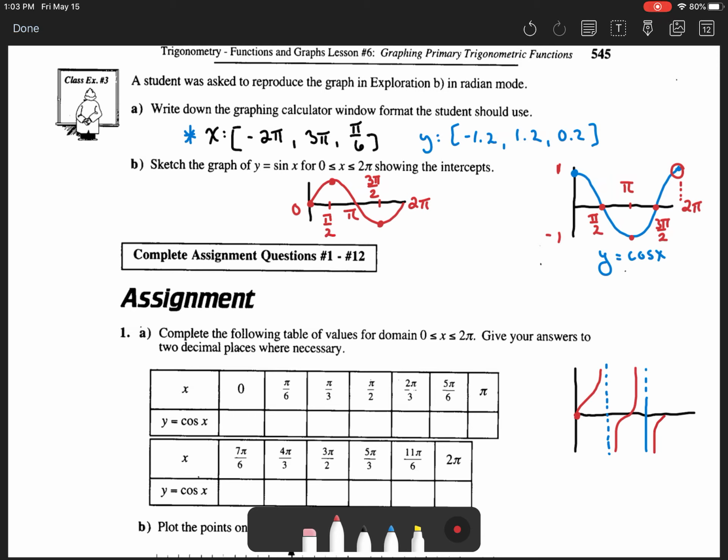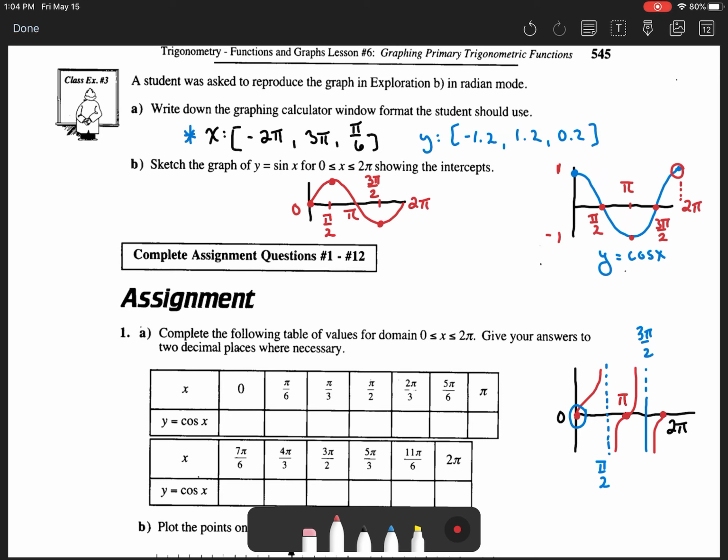So that's what tangent looks like between 0 and 2 pi. These vertical asymptotes are occurring at 90 degrees, or pi over 2, and 270, 3 pi over 2. Okay, the x-intercepts are occurring at 0, obviously, right here at 180, and then again at 2 pi.